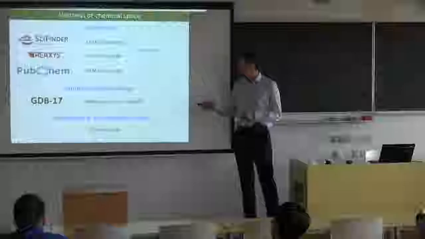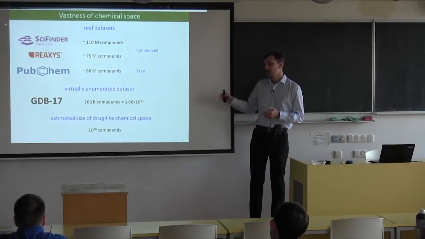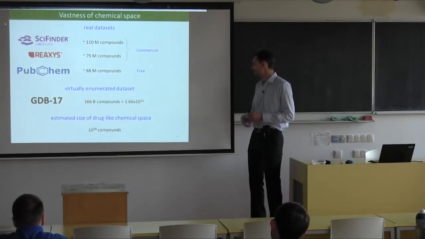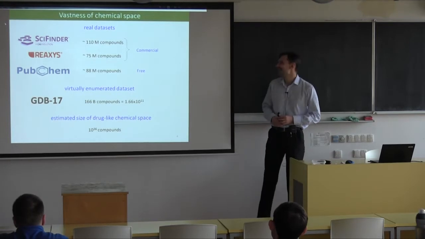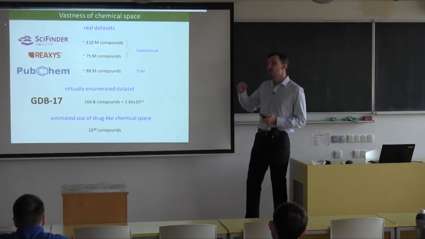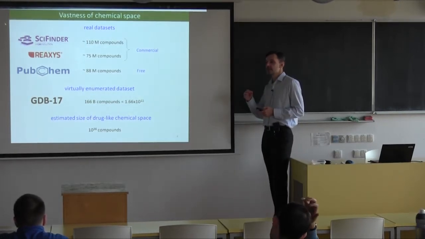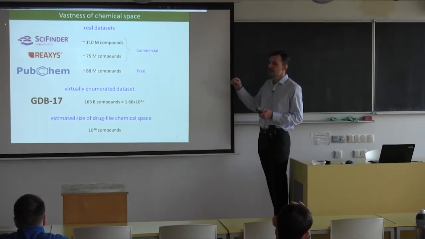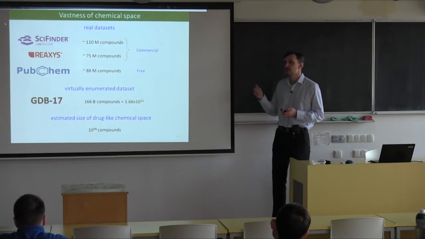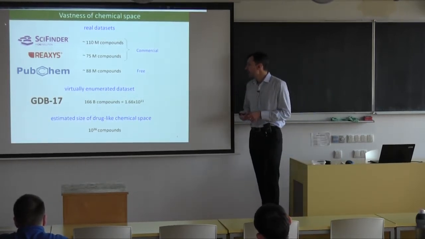And this is a number of virtually enumerated compound libraries. A group, I forgot the name of this person, enumerated all possible compounds with up to 17 heavy atoms in their structures, and those heavy atoms are carbon, oxygen, nitrogen, phosphorus, halogens, sulfur, and so on, the so-called organic elements.